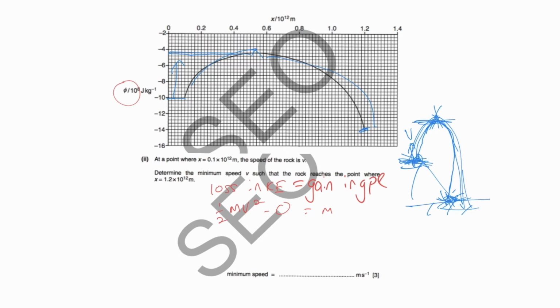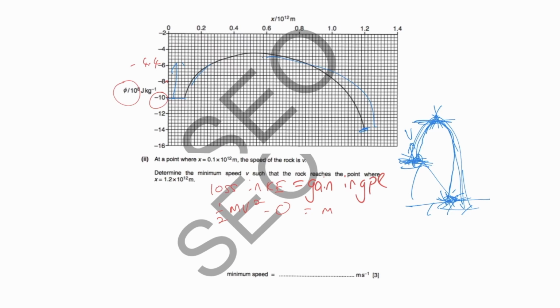So what is the change in potential? If you read this value accurately, because 10 boxes is 4, 1 box is 0.4. If you were to read it, I'll just show you this, you will get a value of negative 4.4. So if this value is negative 4.4 and this value was negative 10, the difference will be either you take the higher one, negative 4.4 minus negative 10, or you just find the difference in magnitude.